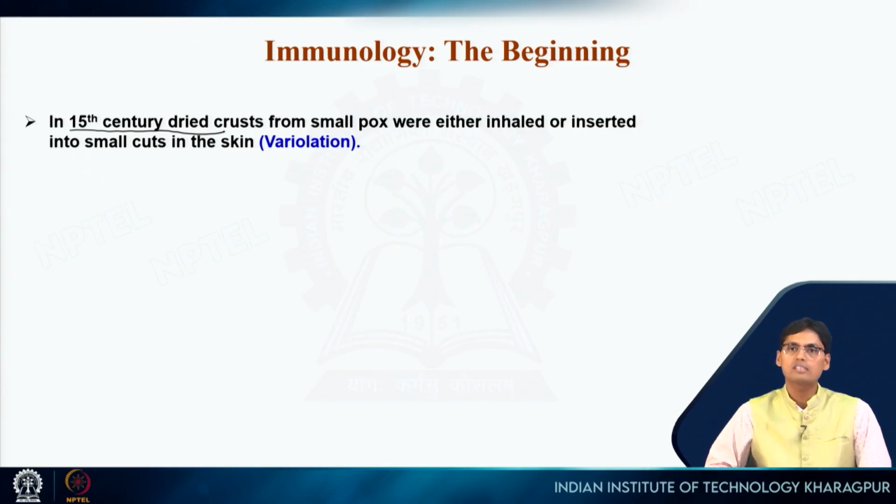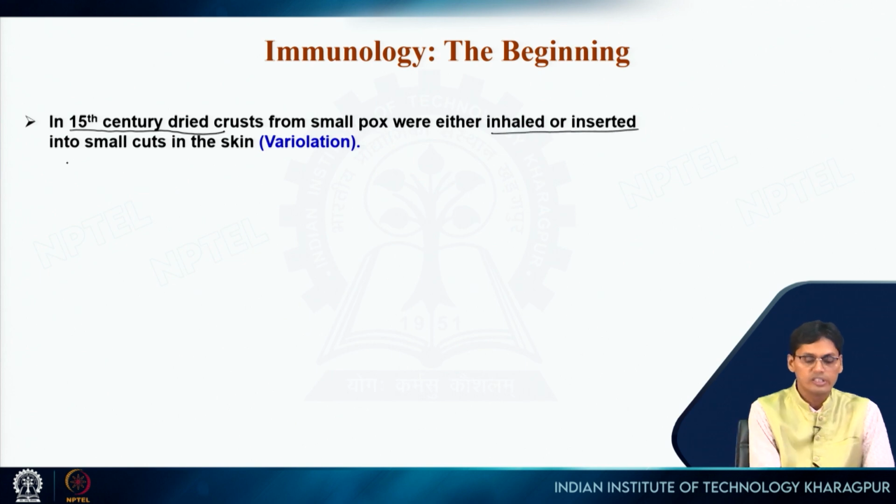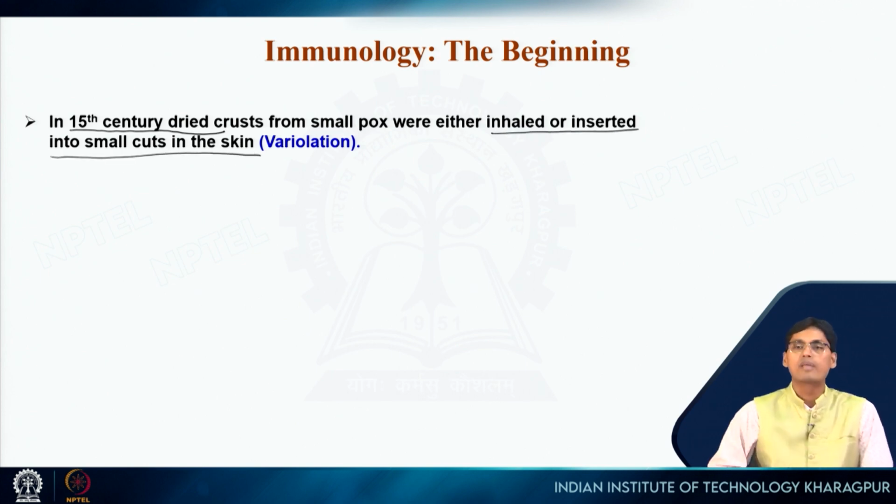After the smallpox, the dried crust on the skin was kept dried, and maybe 1 year later it was inhaled or inserted into small cuts in the skin, and this process is called variolation.